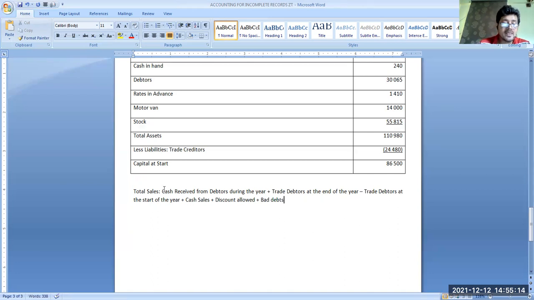This is the formula for total sales. So it is better for you to use the formula.